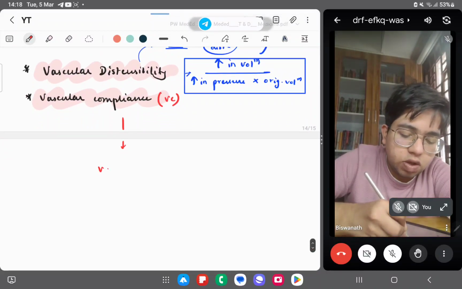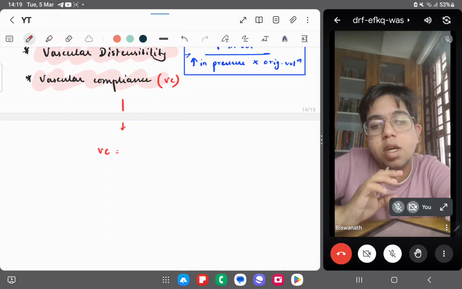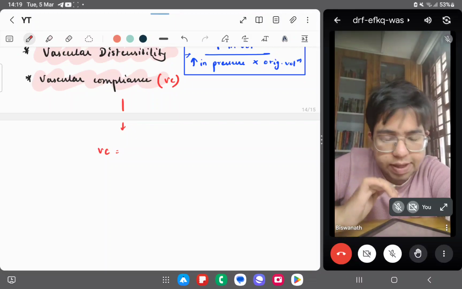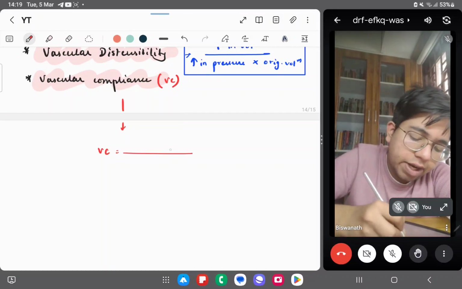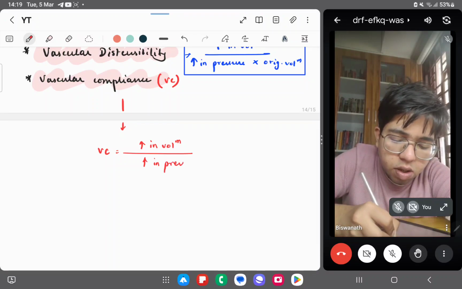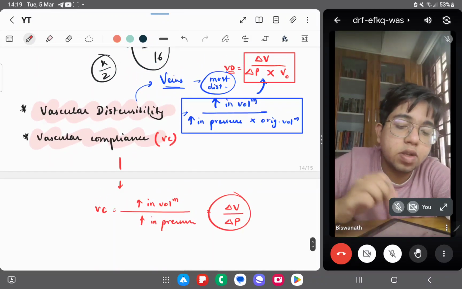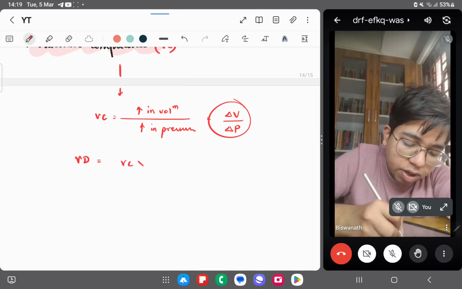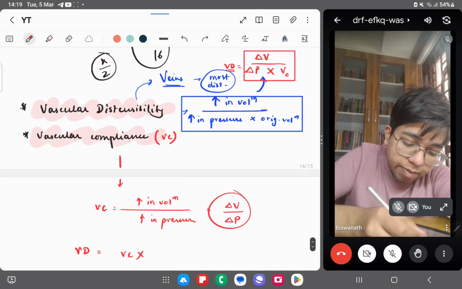How much blood you can store in a particular part per increase in pressure is given by vascular compliance. If you didn't understand the definition, you can read your guidance textbook or your Ganong. Vascular compliance is given by increase in volume by increase in pressure, that is delta V by delta P. So vascular distensibility is vascular compliance divided by the original volume.